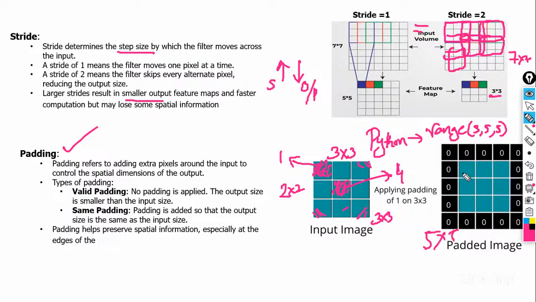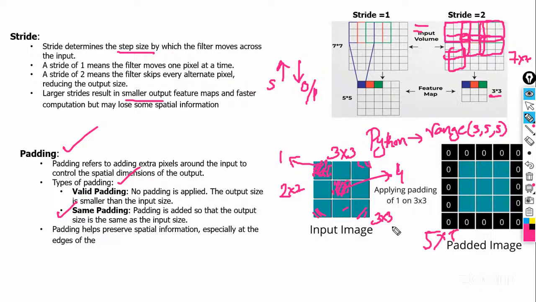And there are 2 types of padding, friends: valid padding and same padding. So what is valid padding? Valid padding is nothing but no padding is applied. The output size is smaller than the input size. Whatever output size you're going to get will be smaller, so that means there is no padding done.